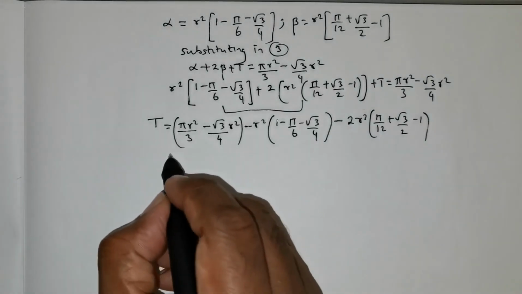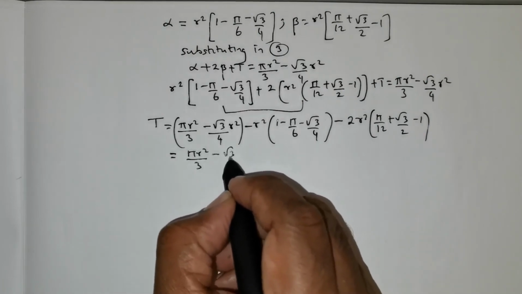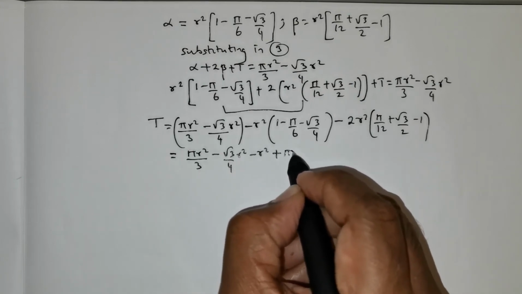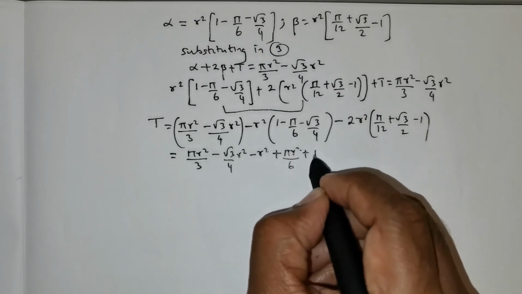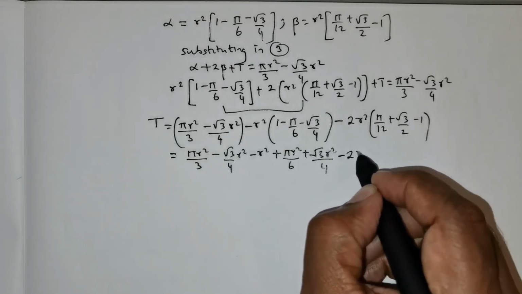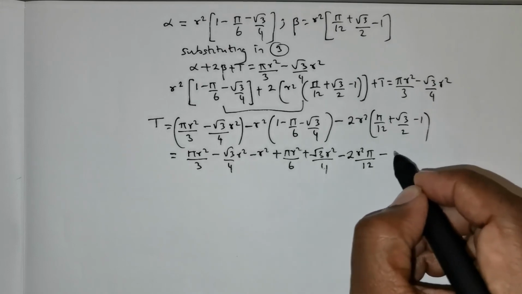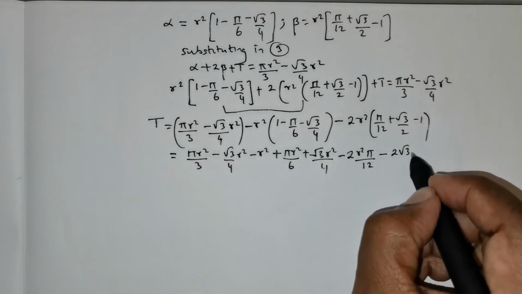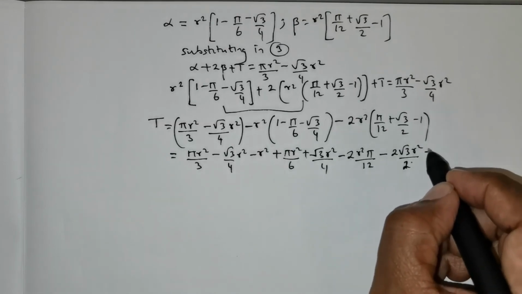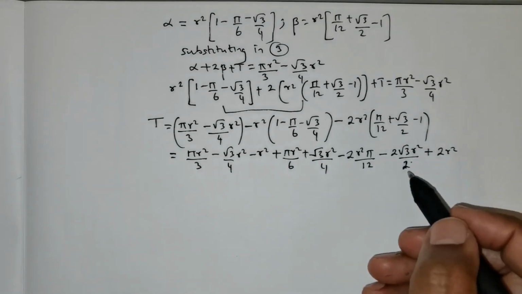Okay, so now we have to simplify this. Removing the parenthesis, we would now have pi r squared over 3 negative root 3 over 4 times r squared negative r squared positive pi r squared over 6 positive root 3 times r squared over 4 negative 2 times r squared pi over 12 negative 2 times root of 3 times r squared divided by 2, and finally positive 2 times r squared.